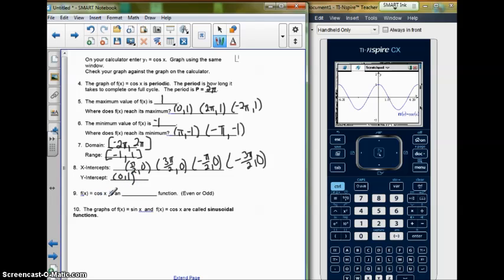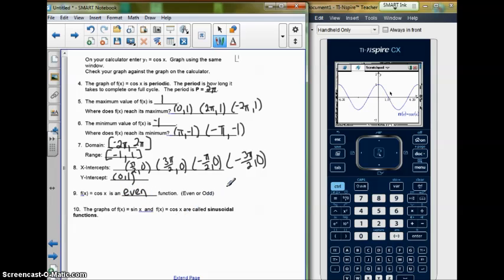Is f of x equals cosine x an even or odd function? We said earlier, even functions have axis symmetry, and odd functions have origin symmetry. I think it's pretty plain to see that if we folded right here down the middle, these two would be mirror images, so it has that symmetry, so this would be an even function.